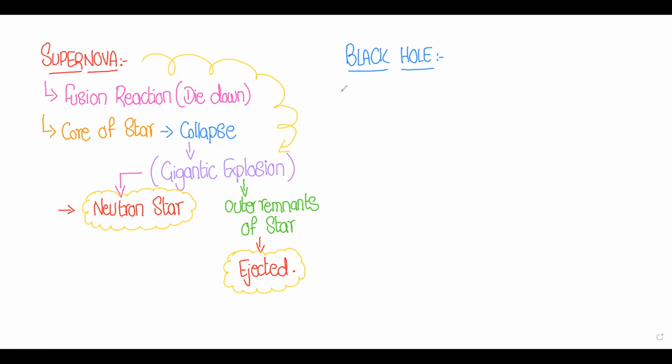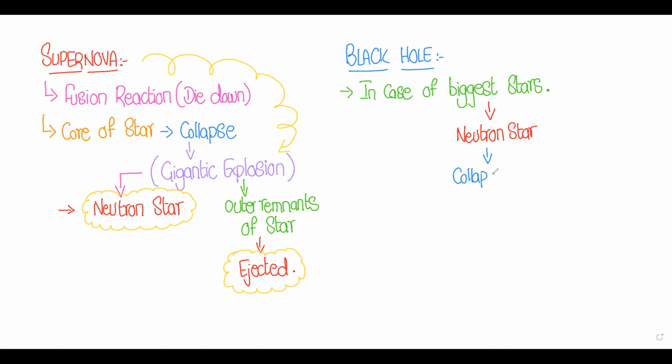So in the case of the biggest star, first this biggest star will form a neutron star, and it will continue collapsing because of gravity.